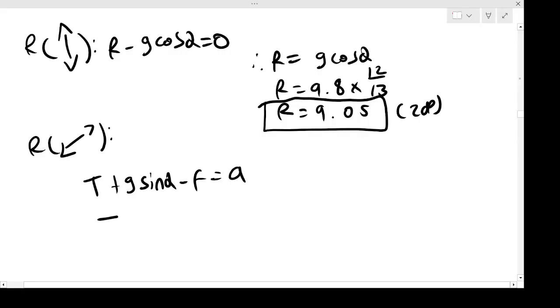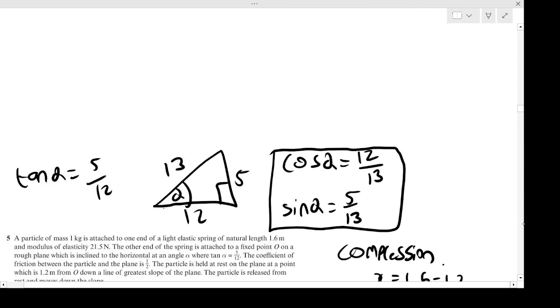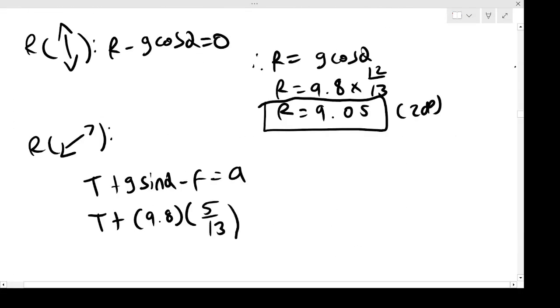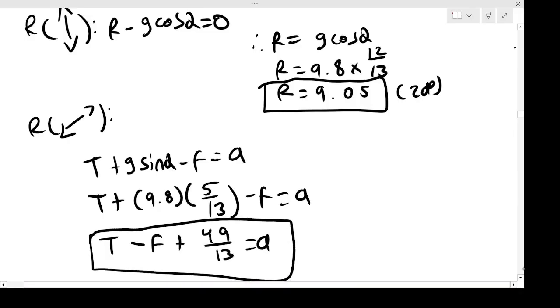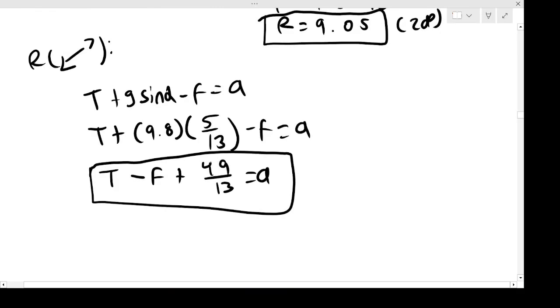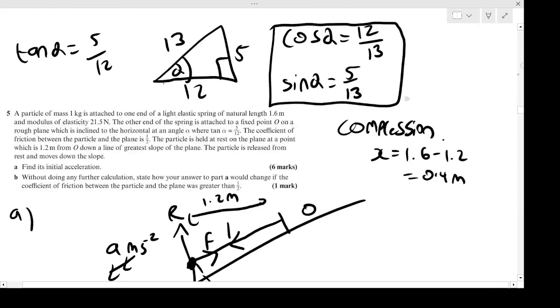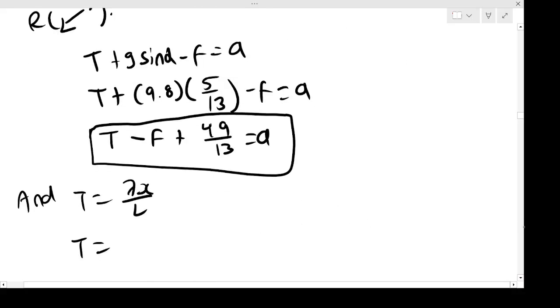So if I simplify this, I get T plus G sine alpha, so that's 9.8 times sine alpha, which we know is 5/13, take away F is A. If we simplify this even more, that's T minus F plus 49/13 equals A. Now, to find the acceleration, we're going to need to find the friction force F and the thrust T. Firstly, let's find the thrust, the force T. That's going to be lambda x over L. So T, my modulus of elasticity is 21.5, times x.